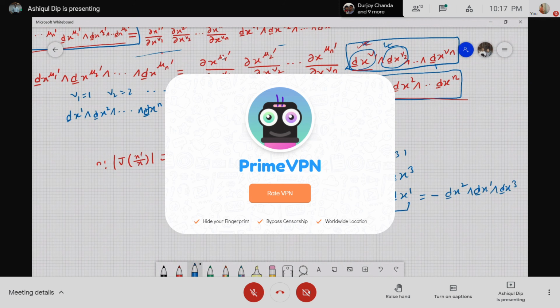Now if you switch these two terms again, it will give you another minus sign, and finally you end up having dx1 with dx2 with dx3. So you see, this thing is nothing but the above one. Yes. So these are two examples of even combinations.